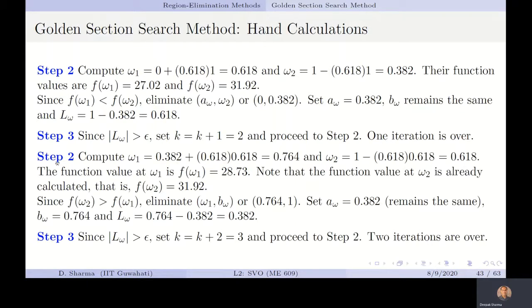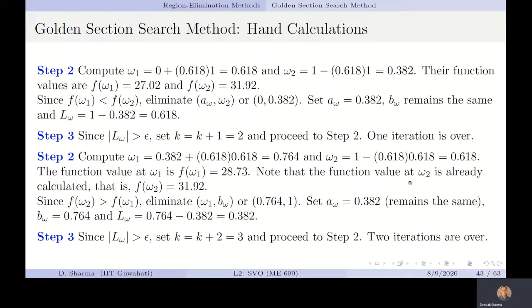Now moving to step 2 again, we compute the two new points, omega 1 with the updated values of A omega and L omega. So I get 0.764. Similarly, omega 2 with the updated values, I'll get 0.618. Now the function value at omega 1 we calculated, but we don't have to calculate at omega 2.